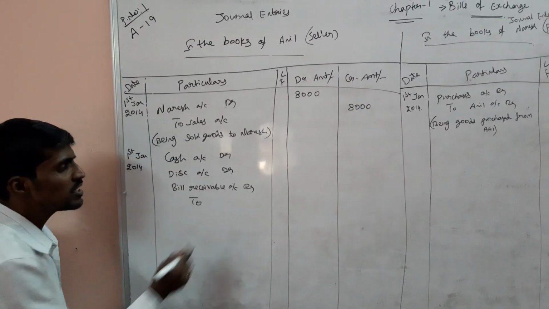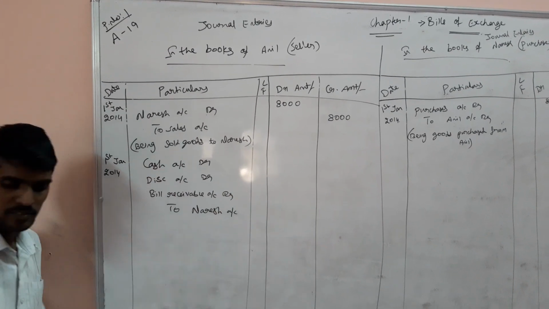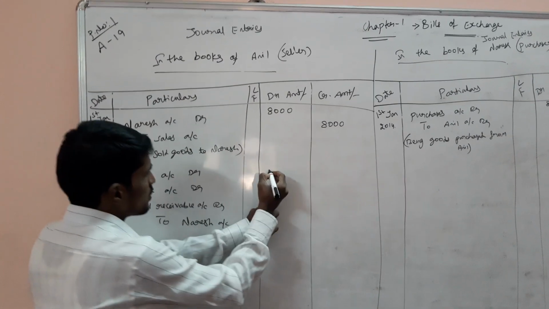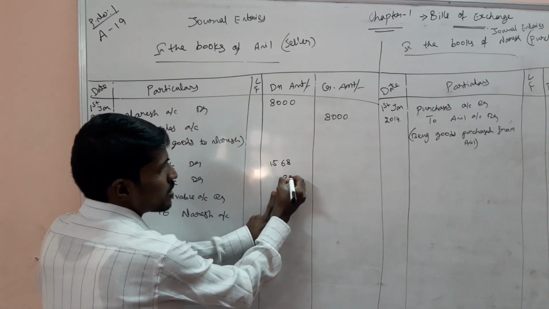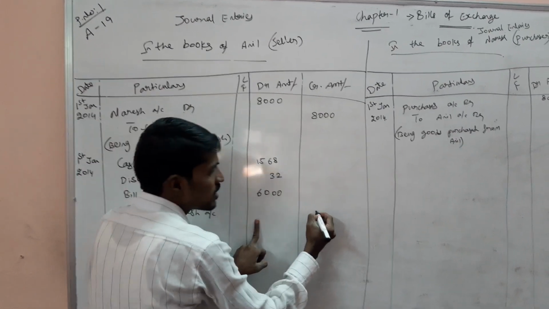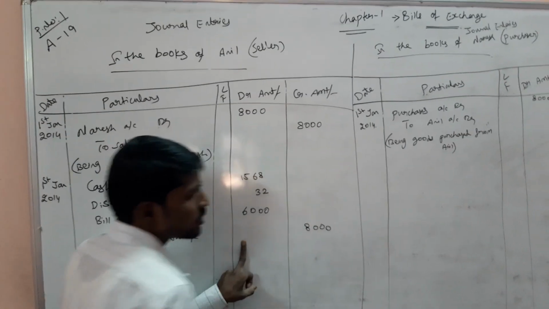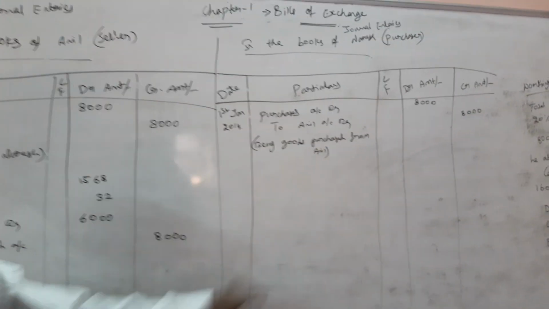To whom is it given here? Naresh is given, so Naresh will be credited. So cash received 1568, discount 32 rupees, bill 6000 rupees, total Naresh gave us 8000 rupees. So what will he enter in the books of Naresh?